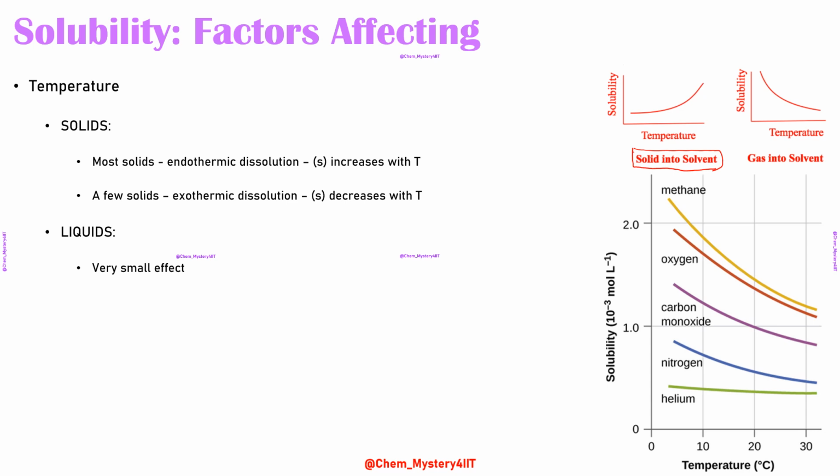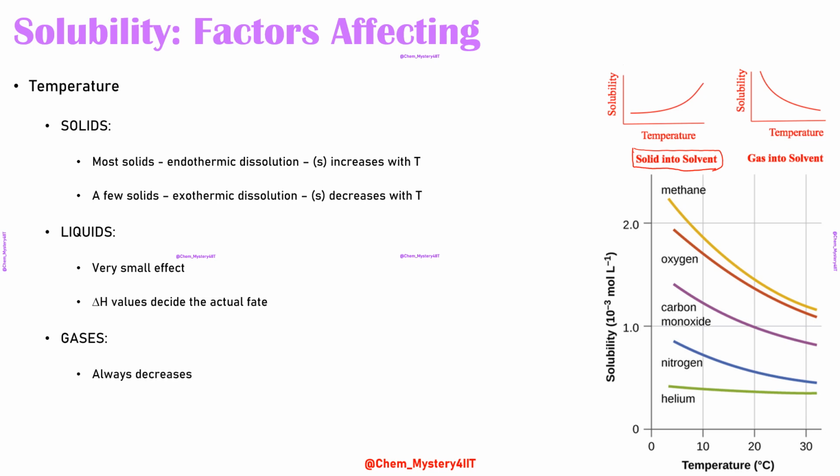So if liquid 1 and liquid 2 have similarity in their nature, similarity in their attractive forces, temperature may not change much of the overall solubility. Although the value of delta H, like whether their dissolution is endothermic or exothermic, the net result can be figured out. We can comprehend whether this is going to increase or decrease as temperature is changed.